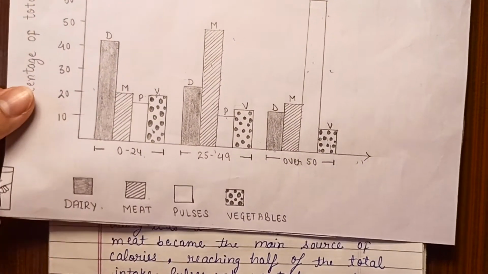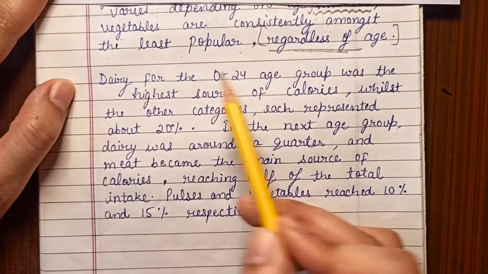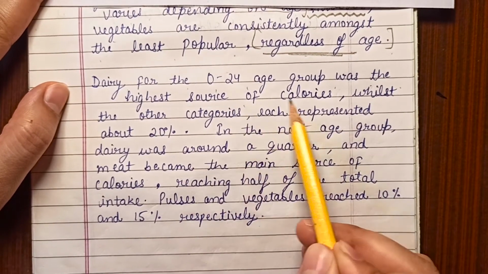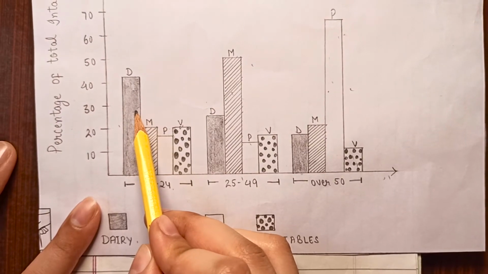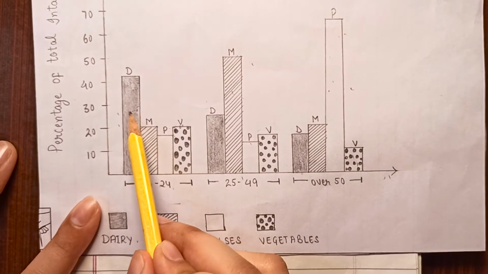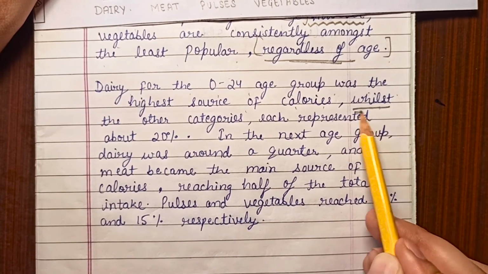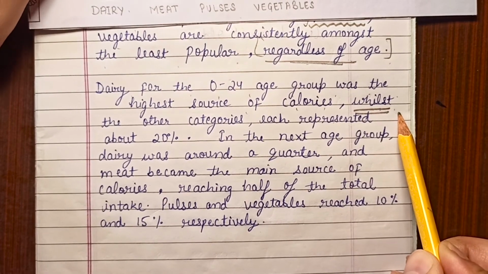Right? Moving on to the body paragraphs. Dairy for the 0 to 24 age group was the highest source of calories. This is the highest source of calories, dairy, right? Whilst, this is the connector, which can make your sentence formation very, very effective.